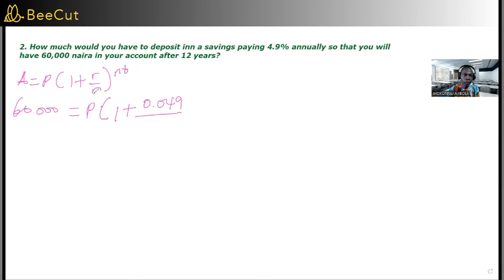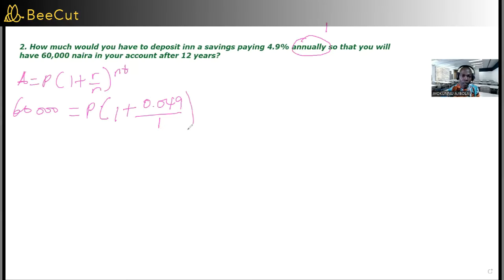all over the number of times per year, because it's annually, not monthly. If it's monthly, I'm going to use 12 months. But here, because it's annually, I'm going to use 1 to represent it.